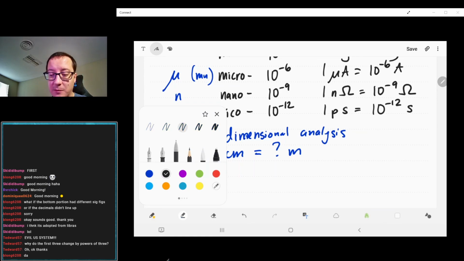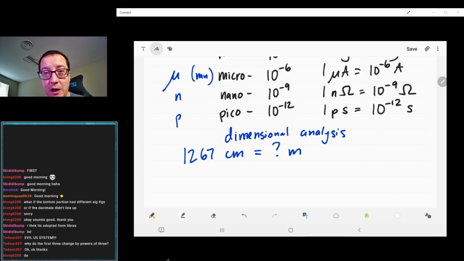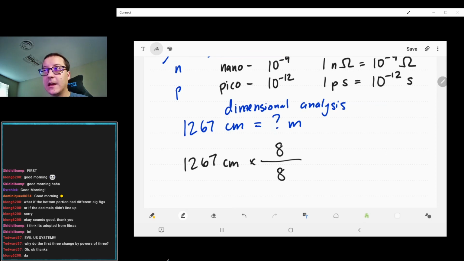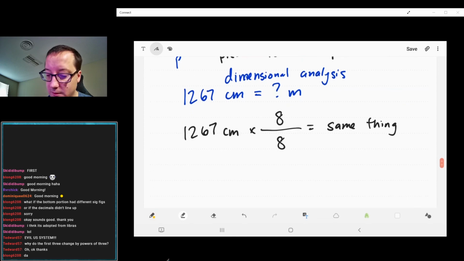Essentially, we're just using a bunch of different proportions or equalities that we know that we can basically apply to convert the units of something. So if I were to take, for example, here's an impressive fact for you. If I multiply this, let's say, by 8 over 8, nothing changes, right? I'm allowed to do that. You're allowed to multiply something by 1, and it's not going to change it, right? We're going to see that this works.